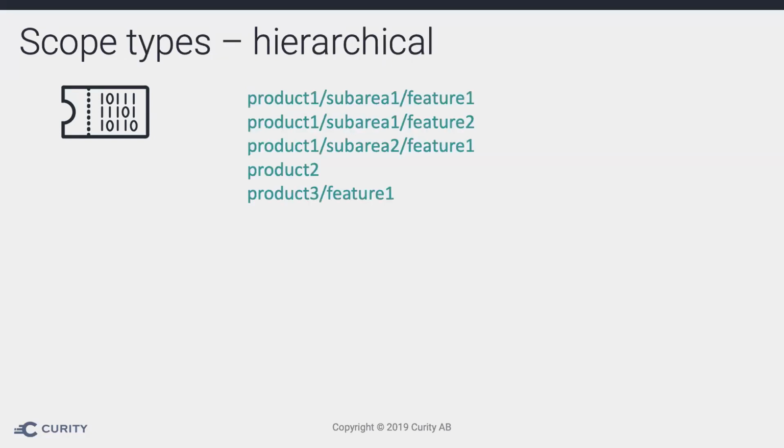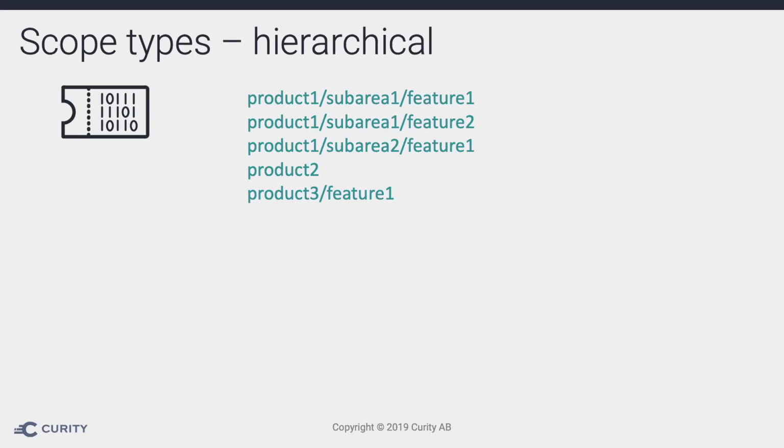For instance, the hierarchical scope, where in this example we have 3 different products, and each line is a scope of its own, where the longest one, the first one, for example, product 1, sub area 1, feature 1, is a very specific scope. Product 2 is much broader. And in product 2, that means that we have implicit scopes below product 2 in the hierarchy.